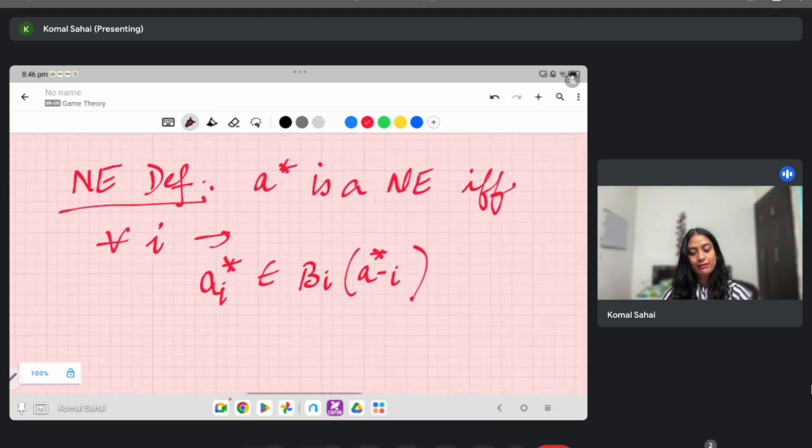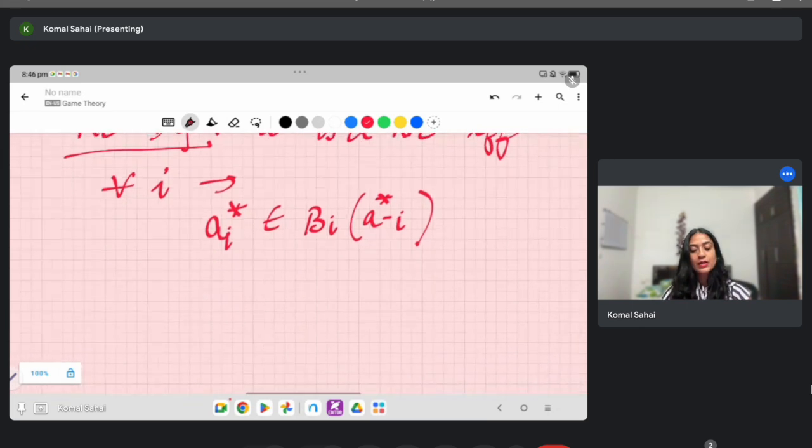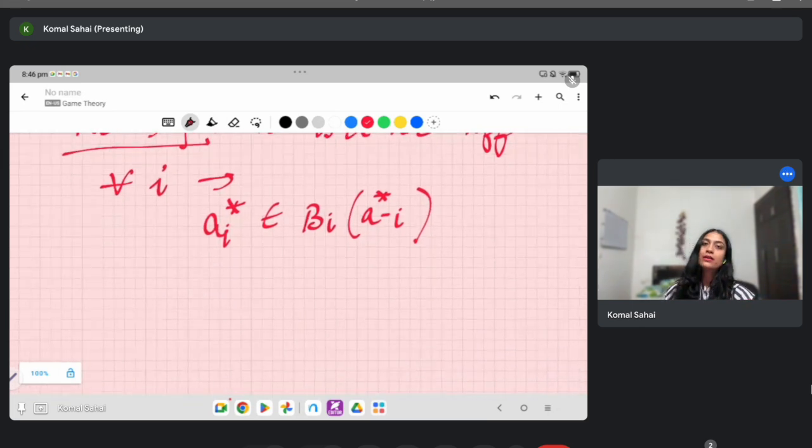Okay? Given that I have already spent a lot of time explaining the notation, this should be clear. This is just another way of stating that no player wants to deviate, and that just means that if other players are doing what the equilibrium strategy specifies for them, then the equilibrium action specified for player I is the best response.